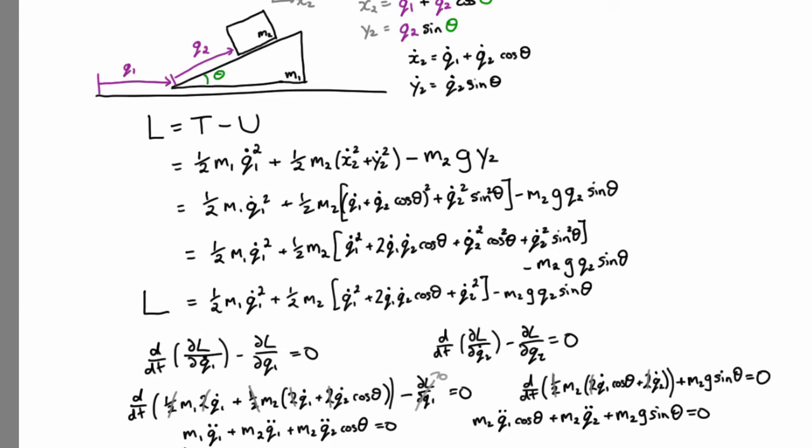So I would have q1 double dot is 0, just straight from that equation, which is exactly what I'd expect. And then coming over here, this would now be 1, so I'd have m2g. That would be 0, so I'd have m2 q2 double dot equals minus m2g, so q2 double dot is minus g. So in other words, it's accelerating downwards at normal acceleration due to gravity, which is exactly what we'd expect.